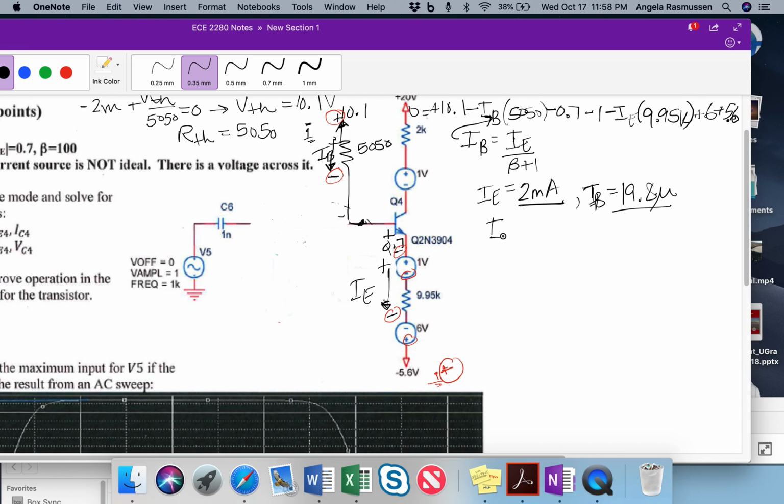And IC is beta IB, and so I get 1.98 milliamps.